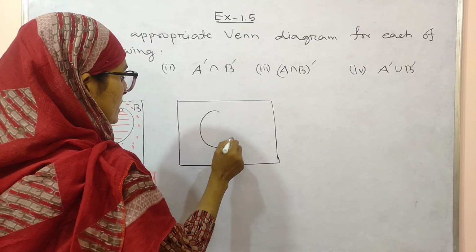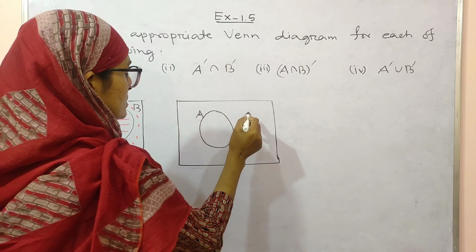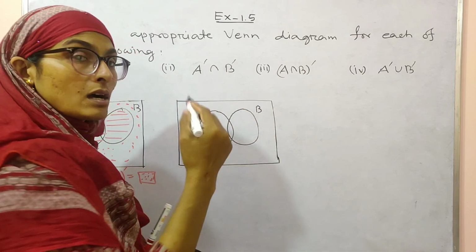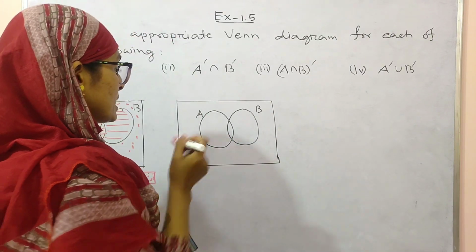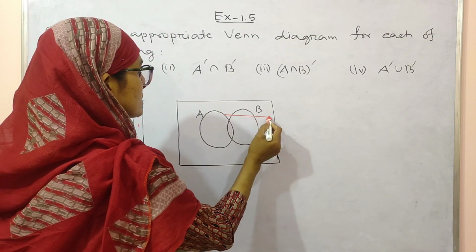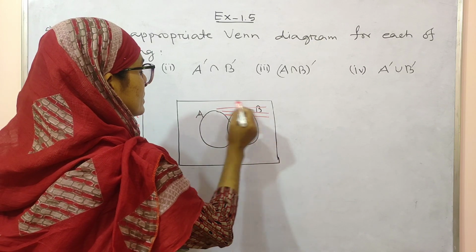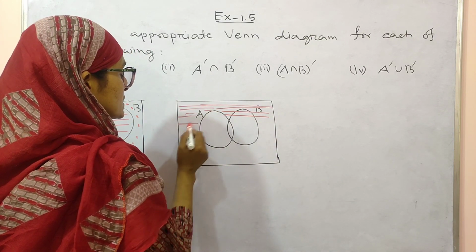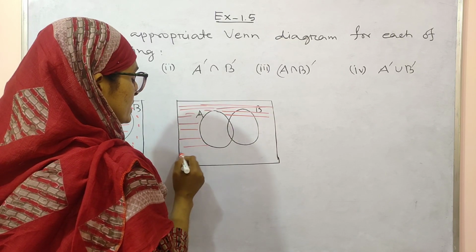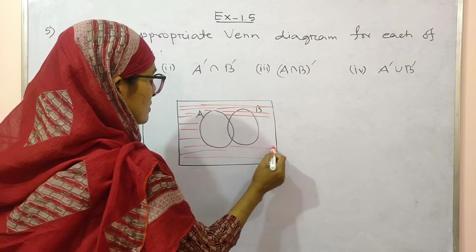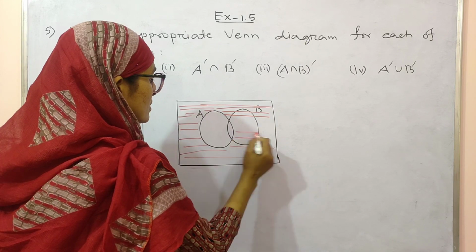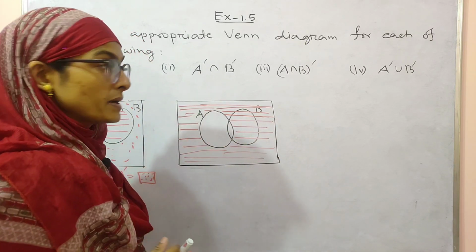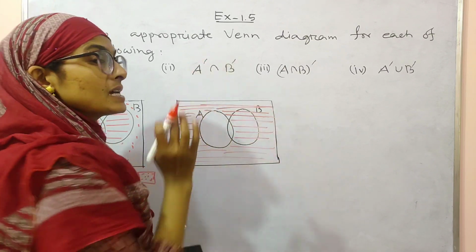Next, A complement intersection B complement. Say this one is A, this one is B. A complement means this part, except A. And another is B complement.